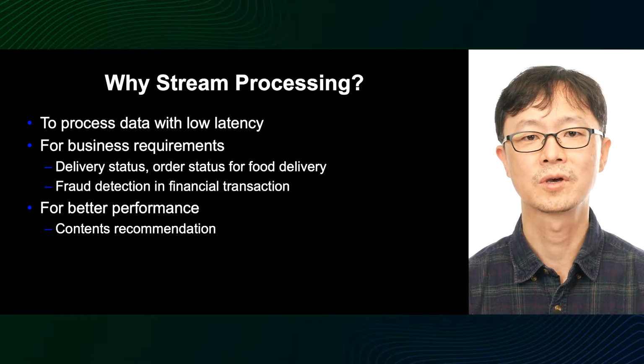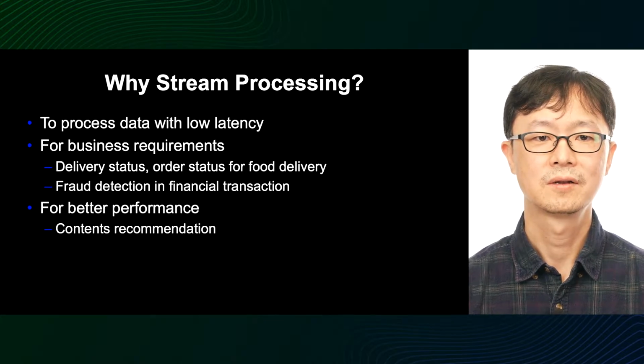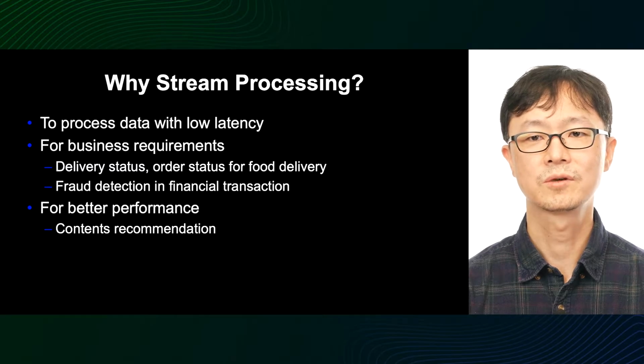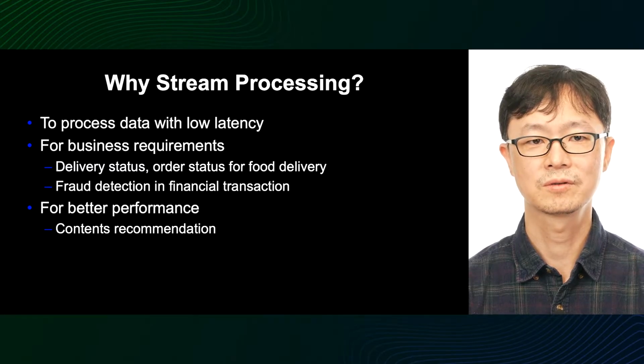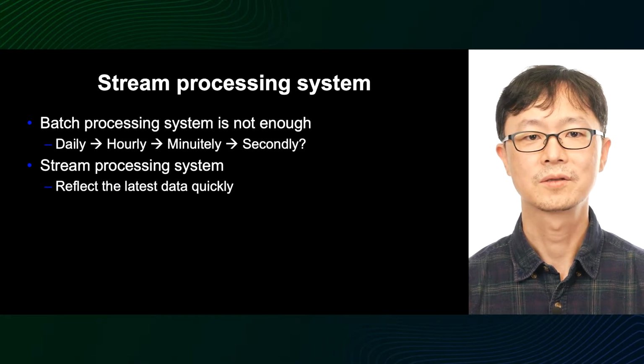So that's why low latency is necessary, and sometimes it can improve performance. When recommending content to users, if you base it on the user's up-to-date information, the performance can be much better.